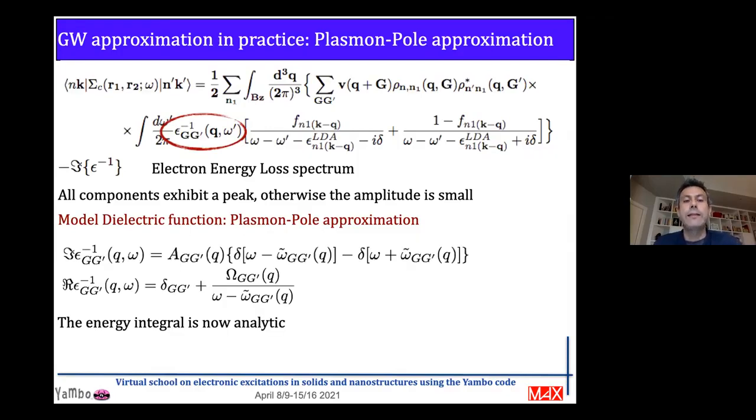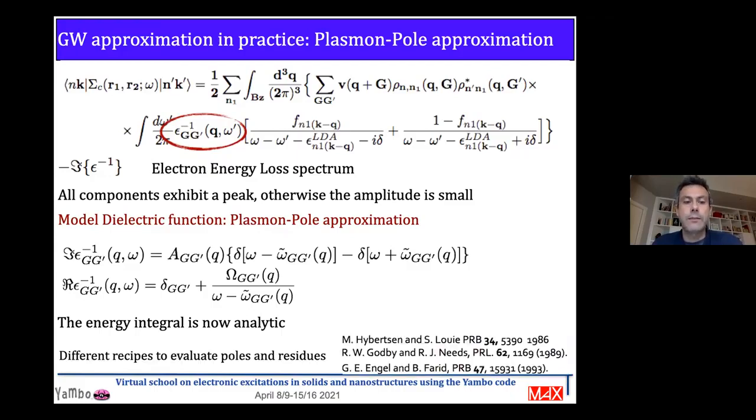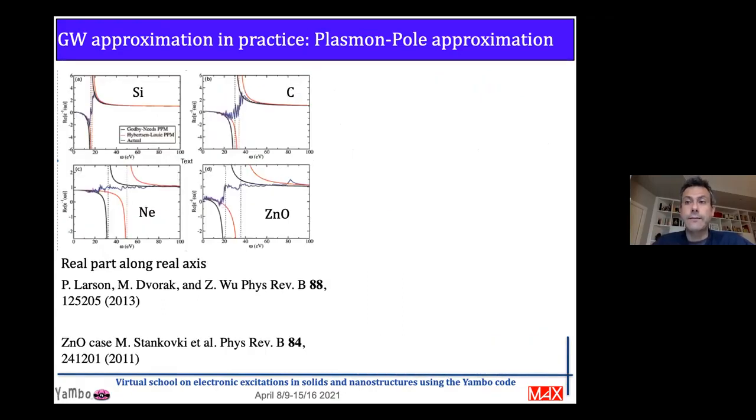We now have an analytical expression for the frequency dependence, and the integral can be solved analytically. This simplifies the problem a lot, but consider that different recipes exist in the literature to evaluate the poles and residues of the dielectric matrix, and these also give different results in many cases.